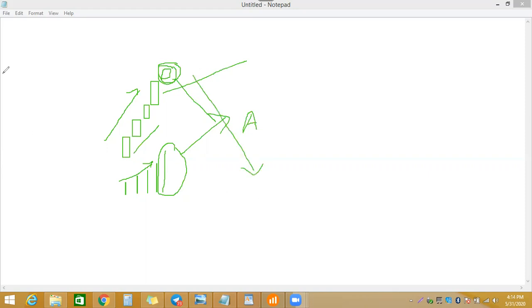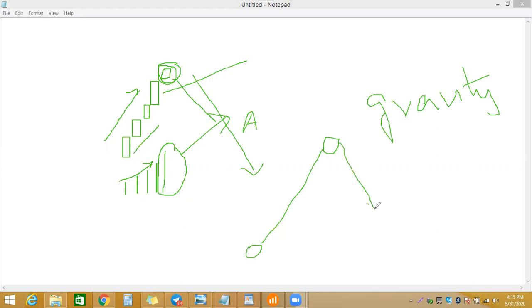In combination with these concepts, we studied the rule of gravity in school. When we throw a ball in the air, the ball goes up, and after some time the ball will fall. Just understand the rule of gravity, then you will understand why price is falling.